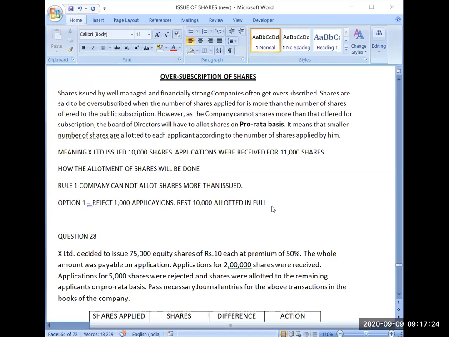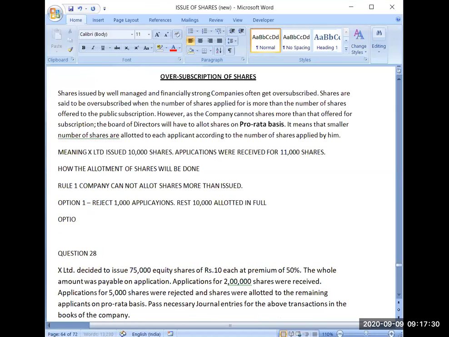Then option 2 is that the company may allot 10,000 shares to the applicants of 11,000 shares. Means each and everyone will be getting some fewer shares. If I have asked for 110 shares, then I will be getting only 100 shares.